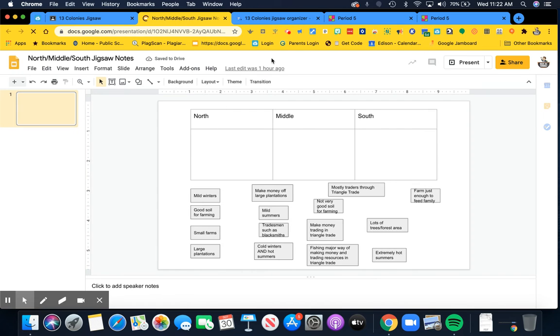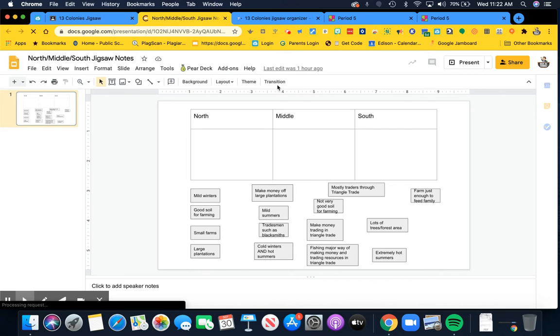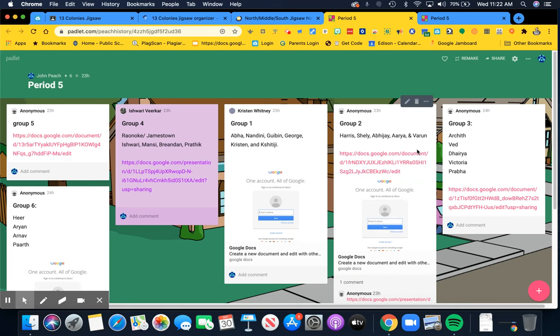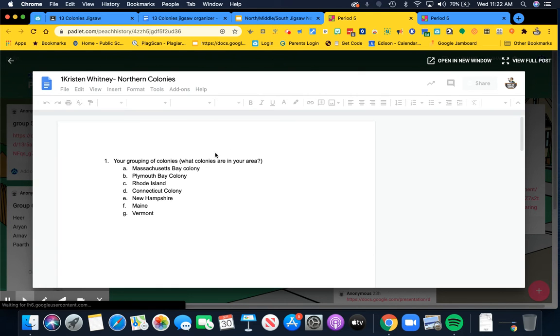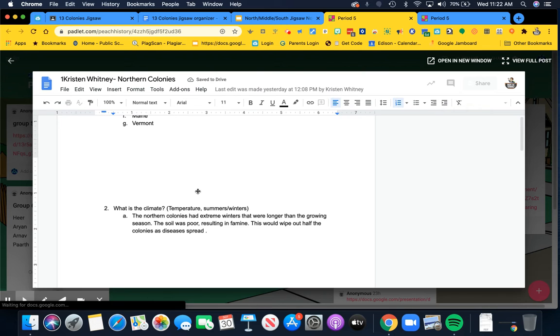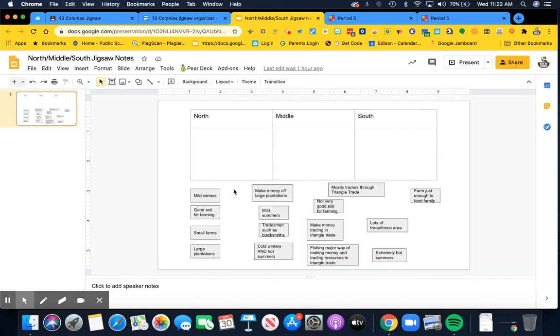Some people had documents that were kind of hard to follow along, so you want to make it as easy to follow as possible. So what you'll do is you'll kind of do a gallery. When you go here and you open up, let's say just group 1, right? Group 1 is the Northern Colonies, and you're going to basically use what they put together to organize this.